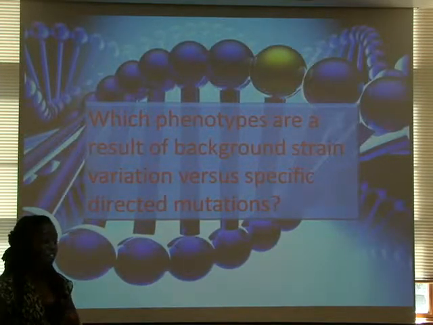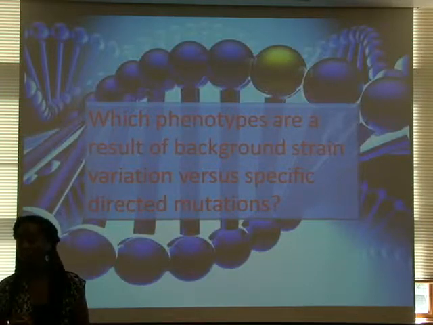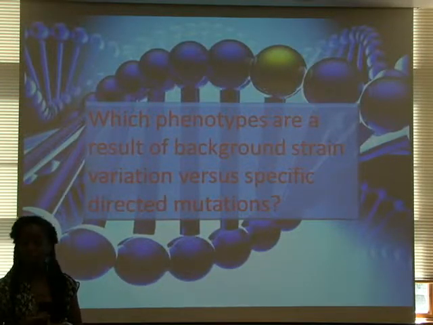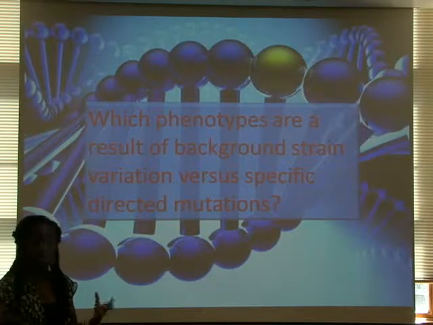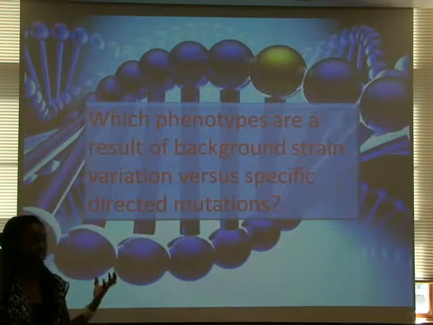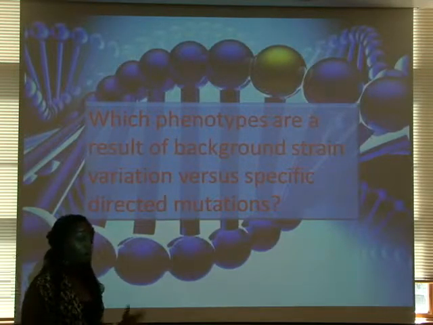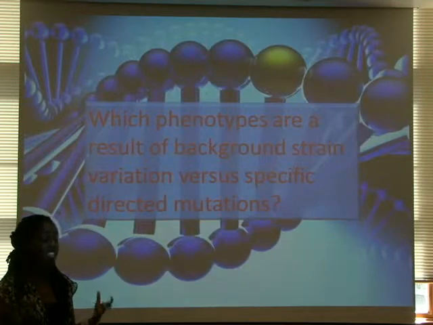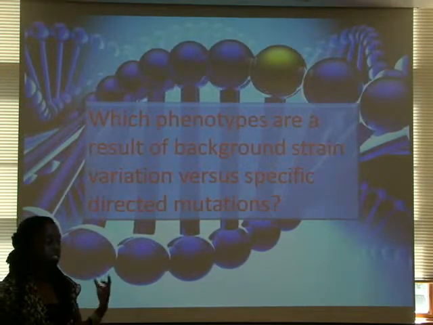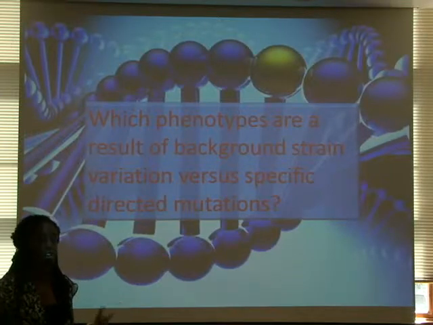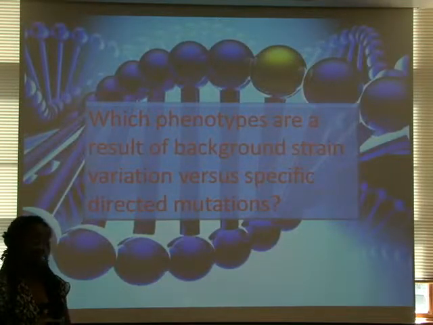One is, are the phenotypes or diseases that you're seeing a result of just the background strain genes? Two, are they a result of the transgenic mouse genes? Are these phenotypes that you're seeing a result of mutations that some type of researcher has introduced? Or 3, is it a synergistic mechanism? Are these genes and are these phenotypes and diseases a result of both the mutated genes and the genes that the mouse was born with?